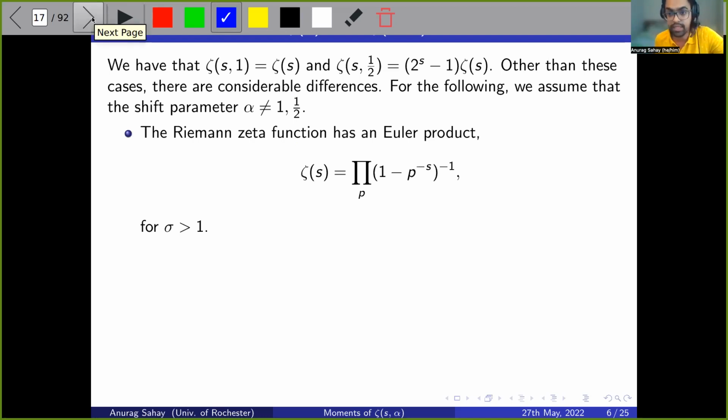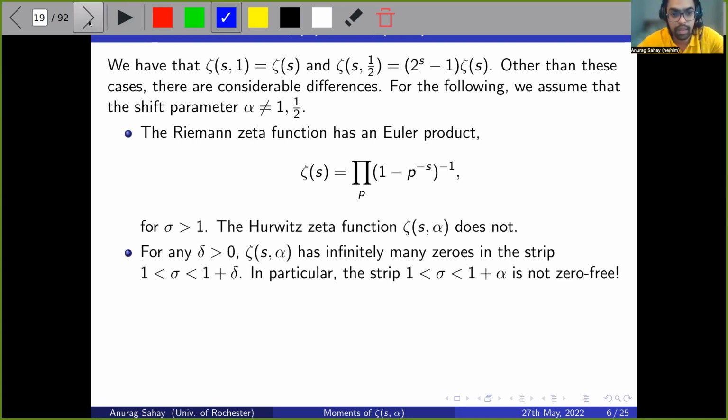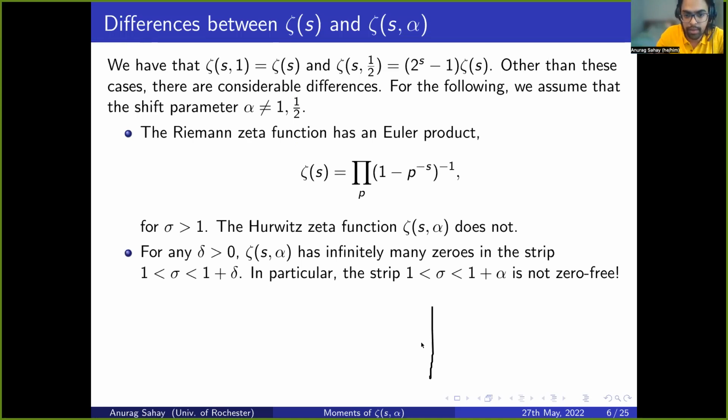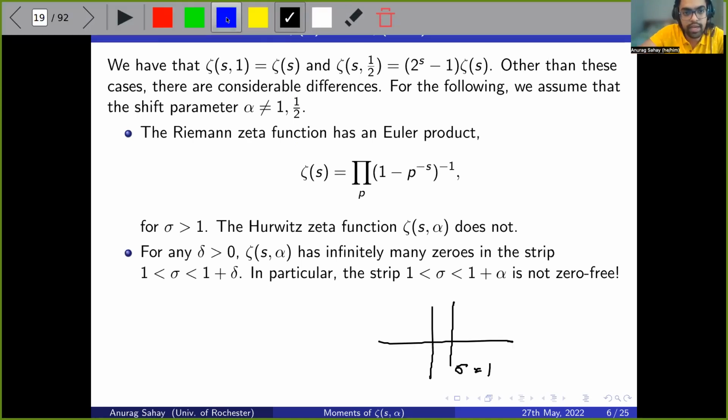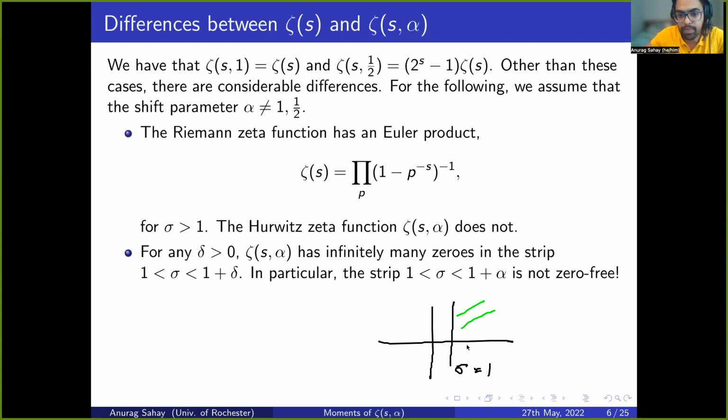The Riemann zeta function has an Euler product. Other than alpha equals 1 or 2, the Hurwitz zeta function does not. Furthermore, zeta is zero free in the domain of convergence, right? So if I draw that picture again, here sigma equals 1, zeta is zero free to the right of this line. But the Hurwitz zeta function is not.